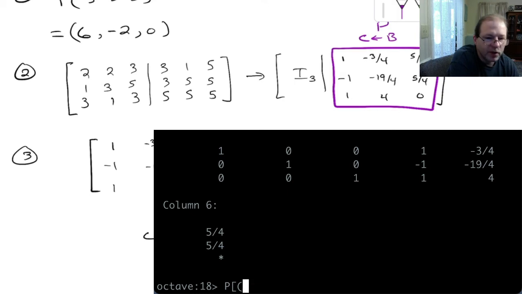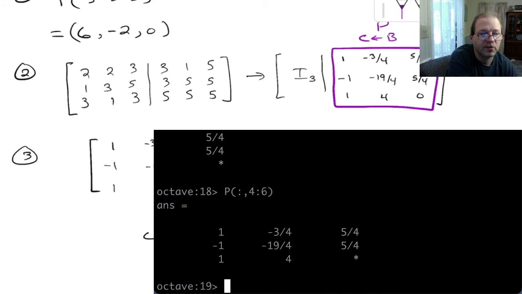If I put the parentheses here and I put a colon because I want all the rows, and then I want columns 4, 5, and 6, that gives me exactly what I want. For computer science people, it might drive you crazy, but the indexing here starts with 1.